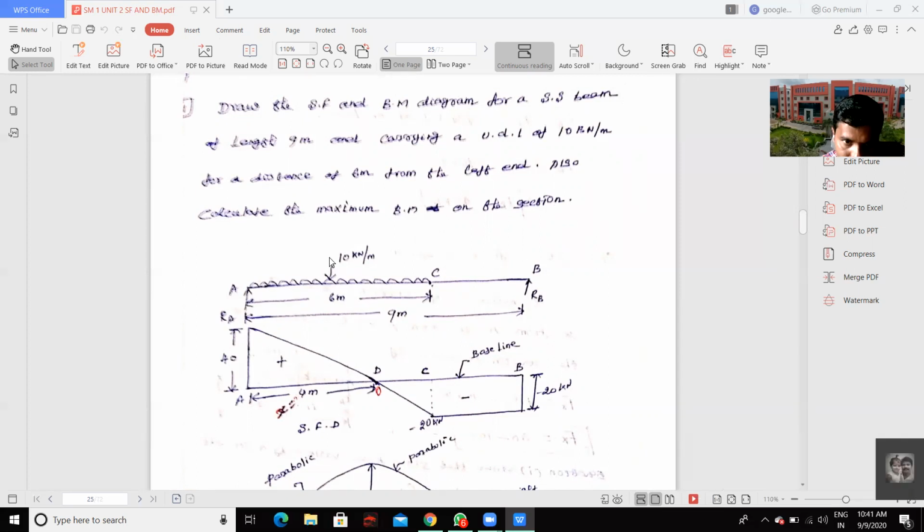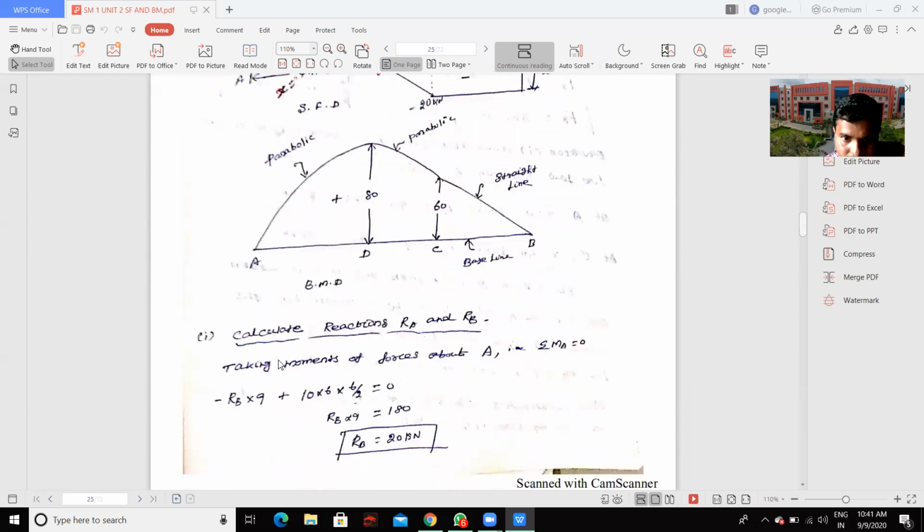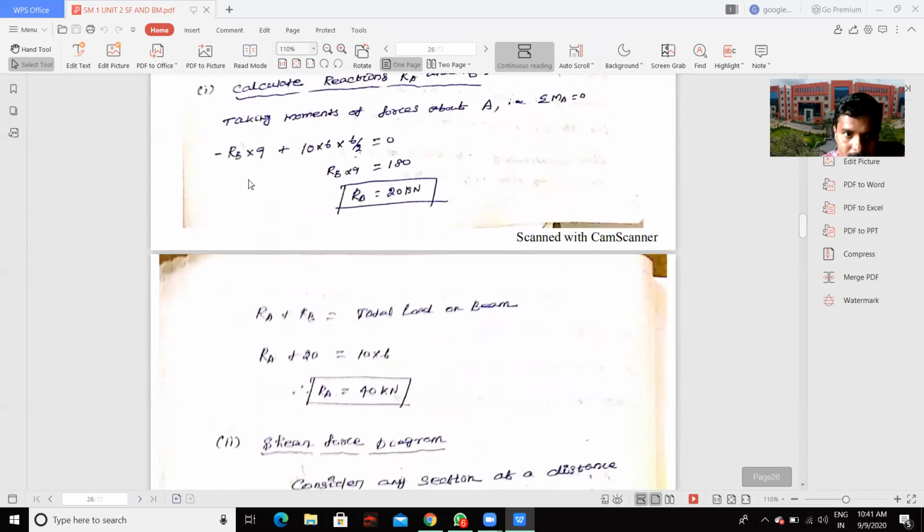This is acting downward, clockwise with respect to the section we consider, A. Therefore, clockwise positive 60 into 3. Therefore, minus RB into 9 plus 60 into 3 equal to 0. From this you can find out the RB value.